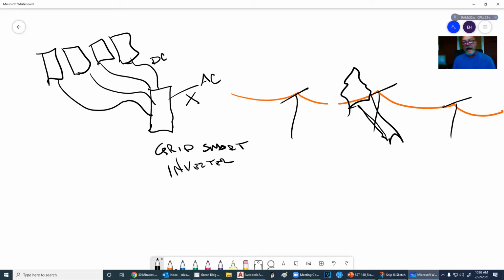It's not going to allow power to transfer up, because when Fred comes out here with his truck and has to work on this, and he touches that line that is not supposed to have anything on it, it's going to kill him.